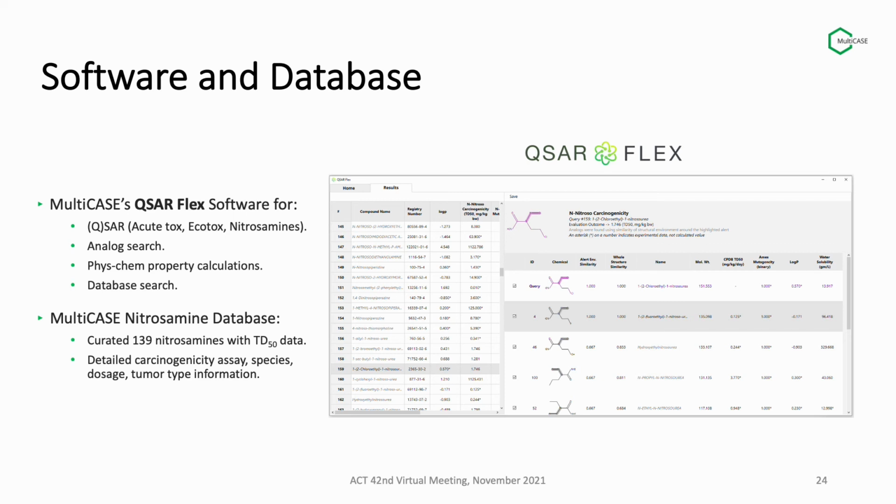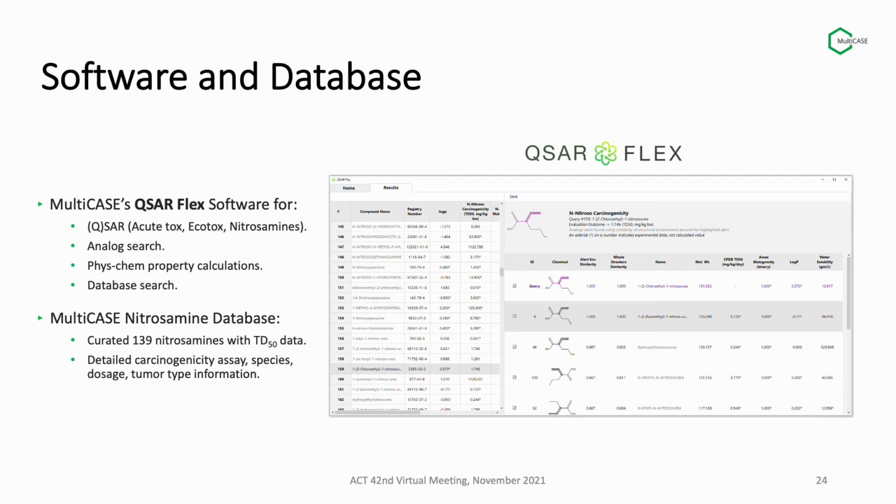For example, it can predict acute toxicity and ecotoxicity, besides finding nitrosamine analogs. It is specifically suited for making analog search. Different types of physicochemical properties can be calculated with high quality models. Very sophisticated database search techniques are available within this program. So the main software is the QSAR Flex software that we have used for this nitrosamine problem.